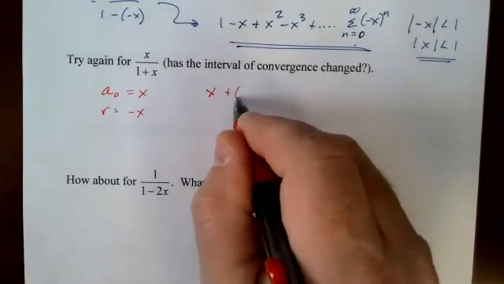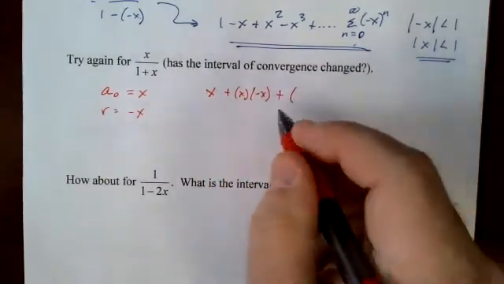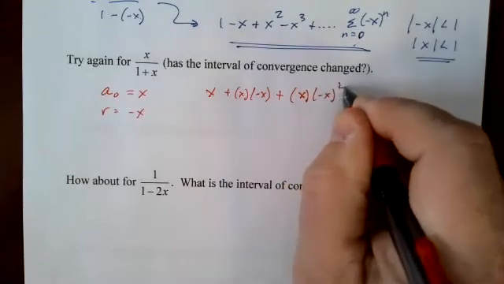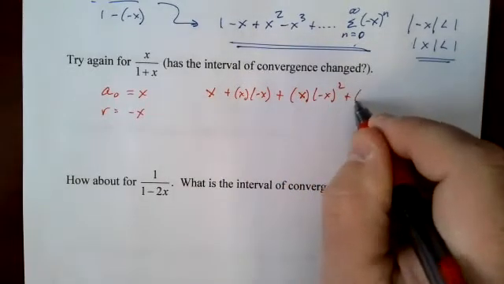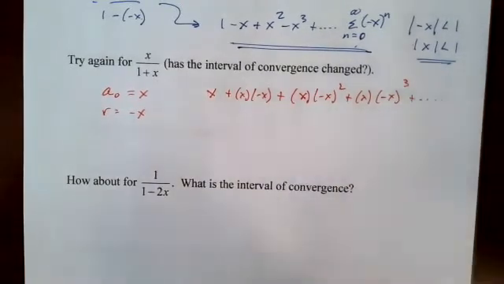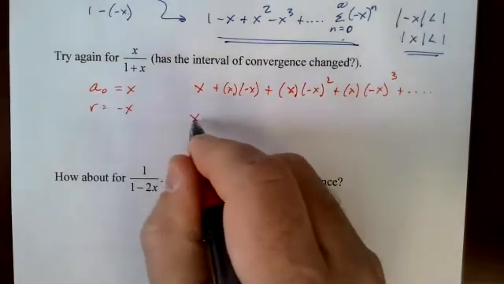So the original x times negative x, and then the next one would be x times negative x squared, x times negative x to the third, and off we go. Yeah, that's it. Let's put it together.